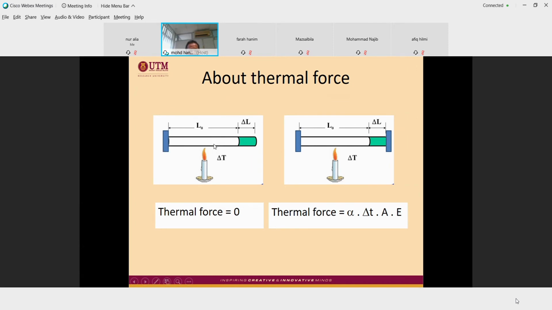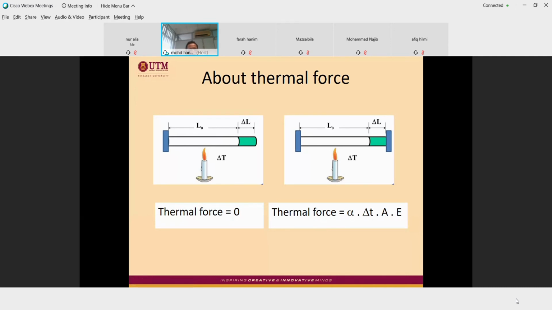When this bar is heated, increase in temperature, or applied thermal loading, then it will extend by delta L. But what is the thermal force here? Equal to zero because it's free. It is free to extend. So even if you impose a temperature increase of 100 degrees Celsius, what is the force? Zero.